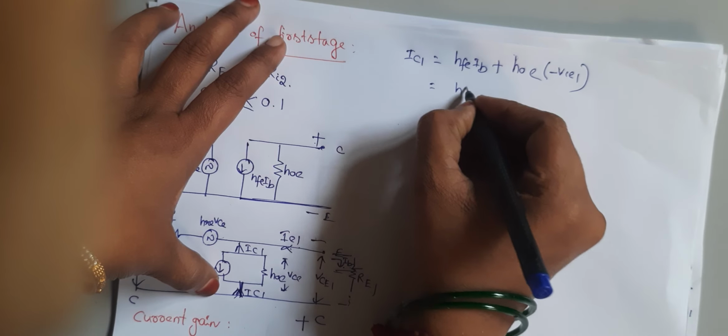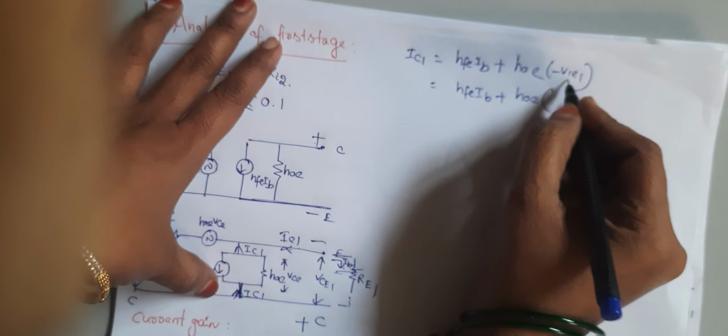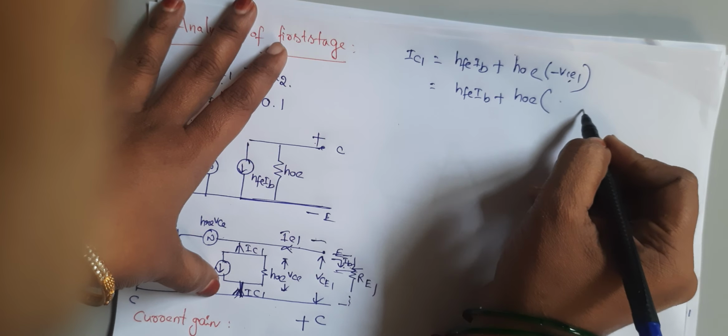So that is equal to HFE IB plus HOE VCE1. What is VCE1? V is equal to I into RE1.